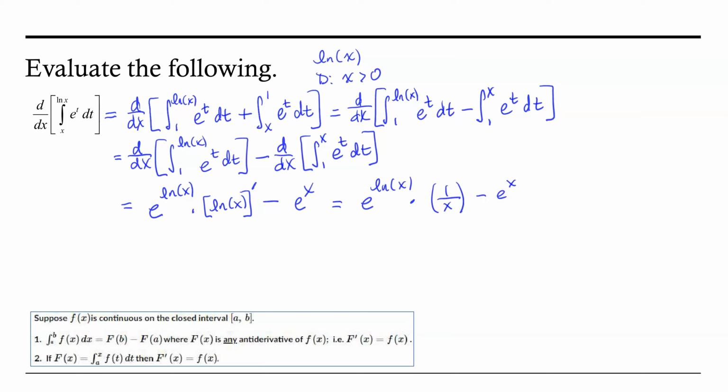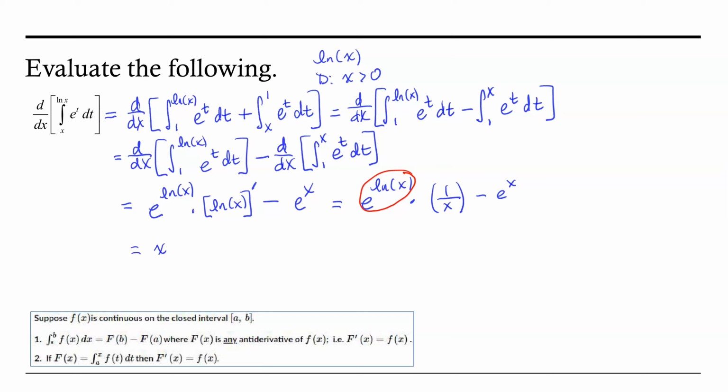Now, there's just a little bit more we can do. You need to recognize that e, the exponential function base e, and the natural log function are inverse functions. And so when you compose inverse functions like we have here, they counteract each other, and we get simply just x.